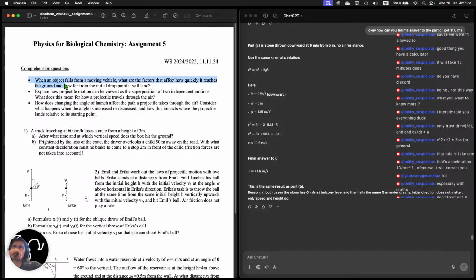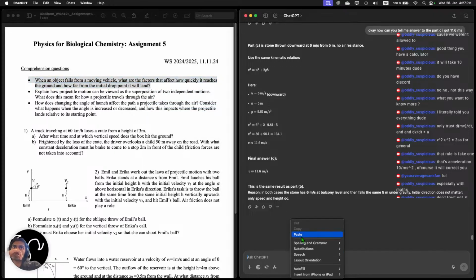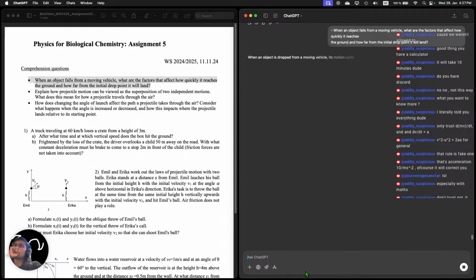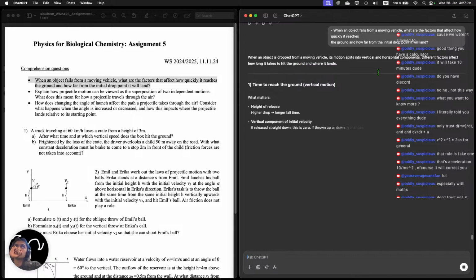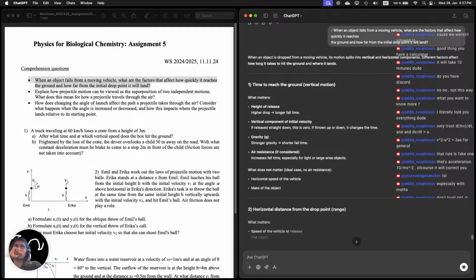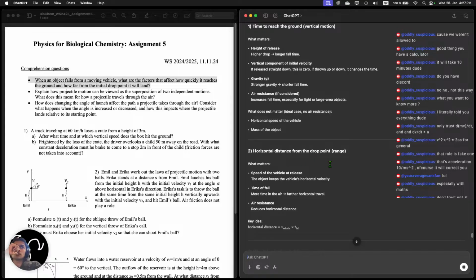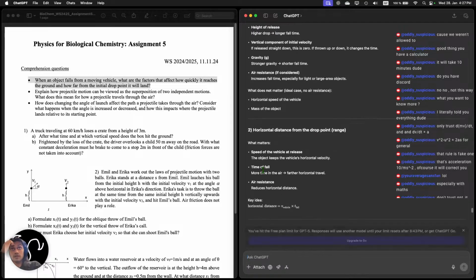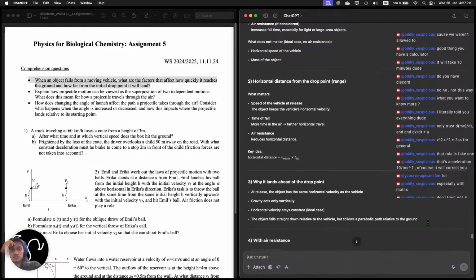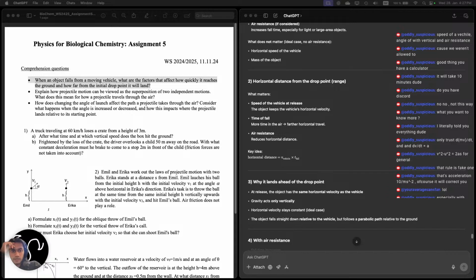When an object is dropped from a moving vehicle, vertical and horizontal components. Okay, the vectors. Height of the release, higher drop, longer fall time, or horizontal distance from the drop point. Okay, air resistance. Speed of the vehicle, angle with vertical and air resistance. And of course, gravity.